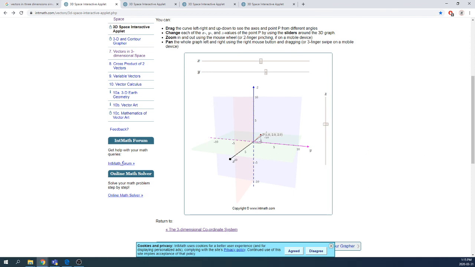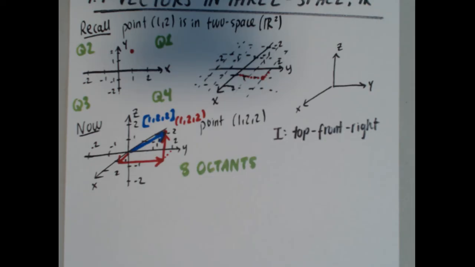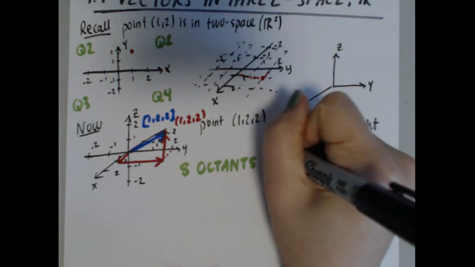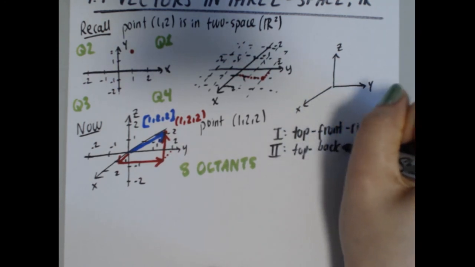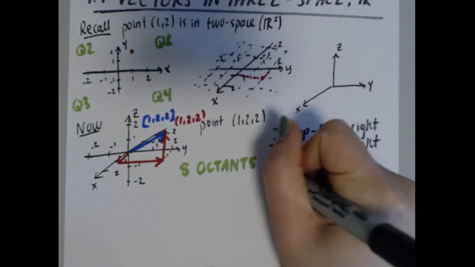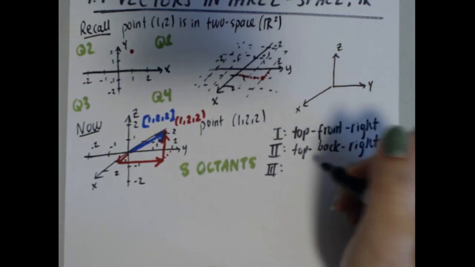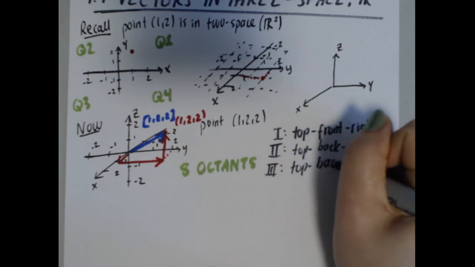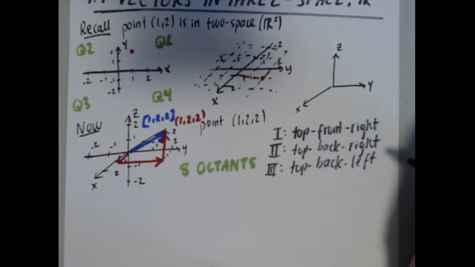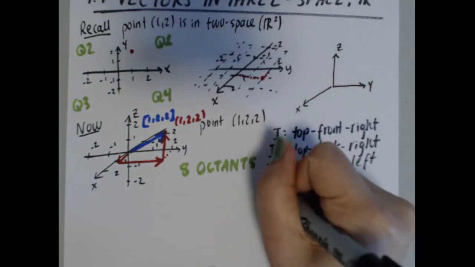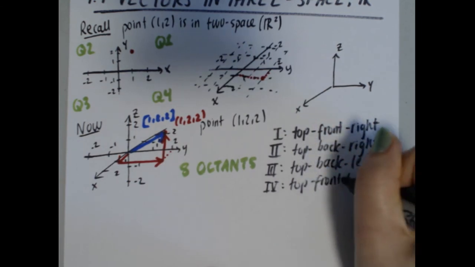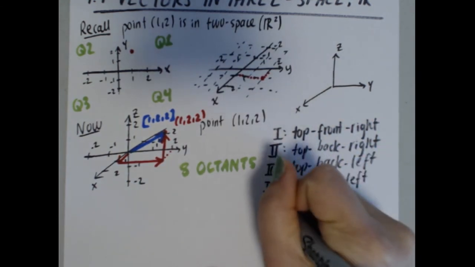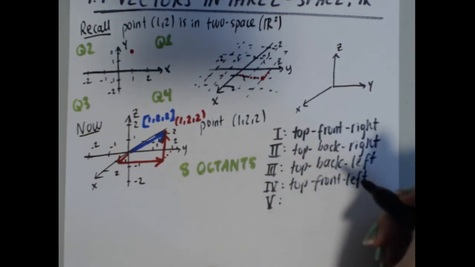I'm going to go ahead and write the rest of them, but feel free to go to the link in the animation as you're going through the video, and make sure the rest of these descriptions make sense to you. Octant 2, we can also describe as top, back, right. Octant 3, top, back, left. Octant 4, top, front, left. Octant 5, bottom, front, right.